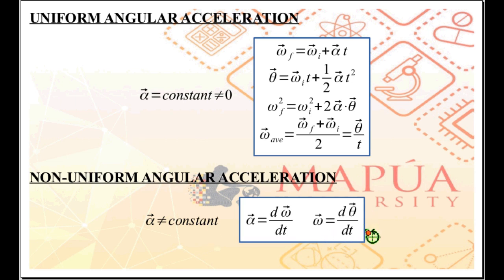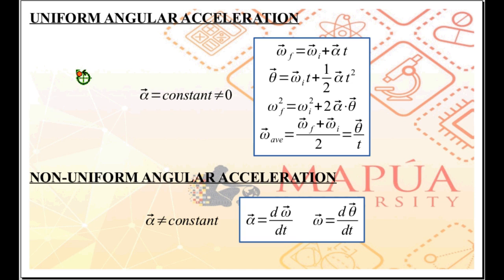Omega is equal to d theta over dt. A is equal to dv over dt. Alpha is equal to d omega over dt. Non-uniform acceleration, non-uniform angular acceleration. Uniform acceleration for linear motion, uniform angular acceleration for rotational motion, and the equations are similar in form. The variables are different, but the equation form is similar.